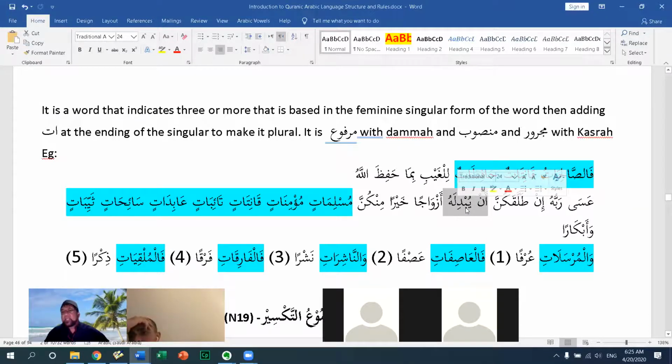Substitute, yubdila, from al-badal, from the word abdala yubdilu, very similar to baddala yubaddilu. Azwajan, wives, khayran, better than you, min kunna.